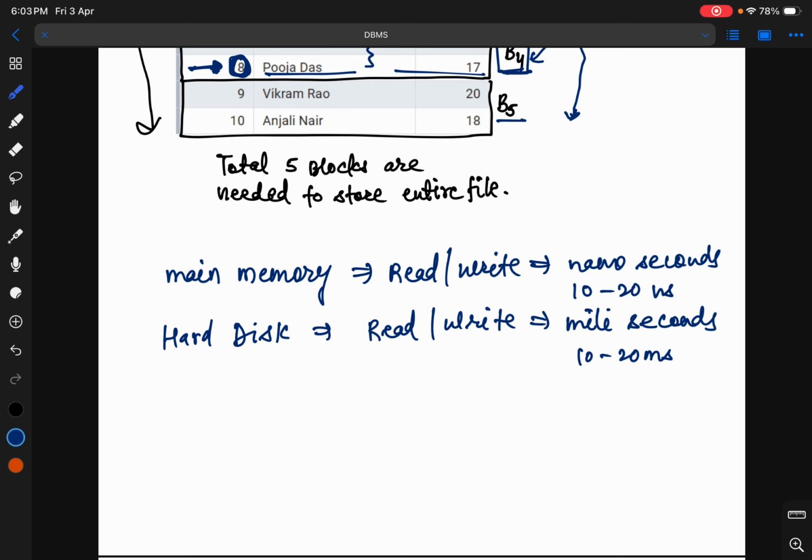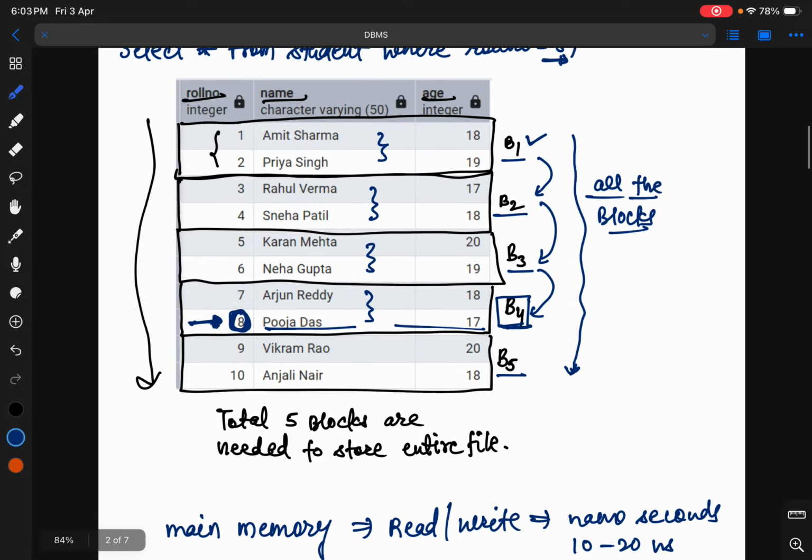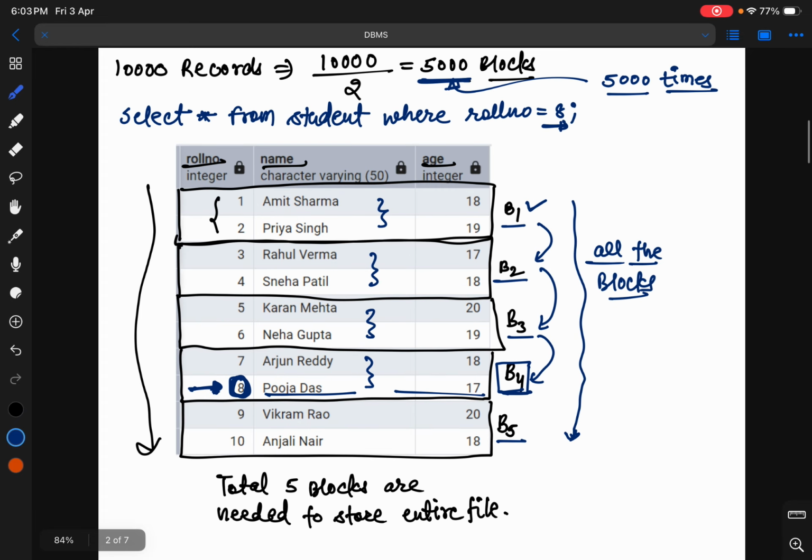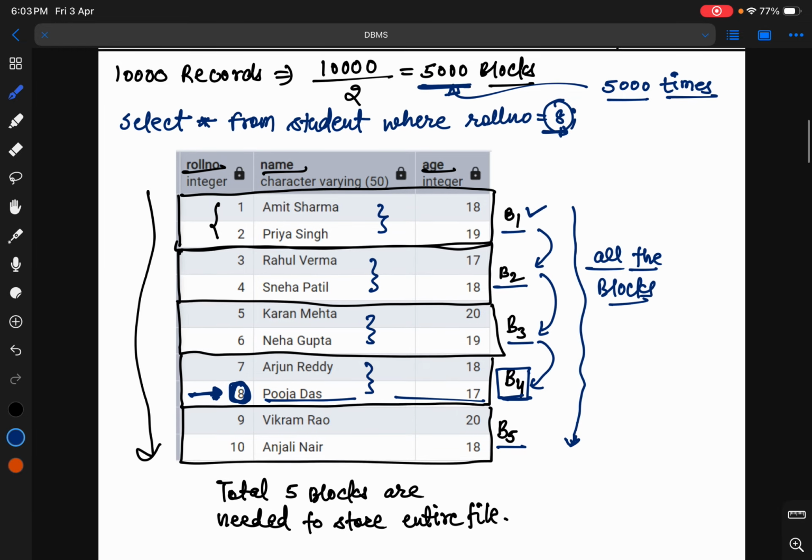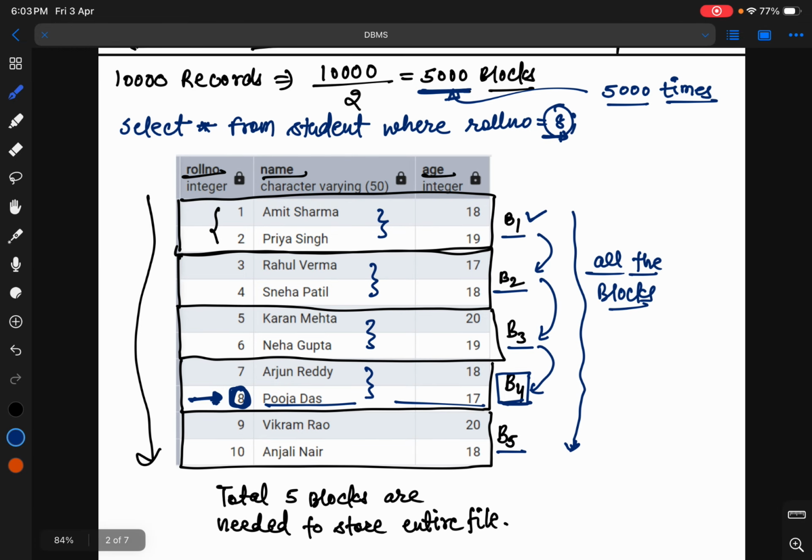That's where indexing comes in. The entire goal of indexing is to make sure that whenever we are trying to retrieve data like this, we can reduce the number of disk block accesses to a minimum.